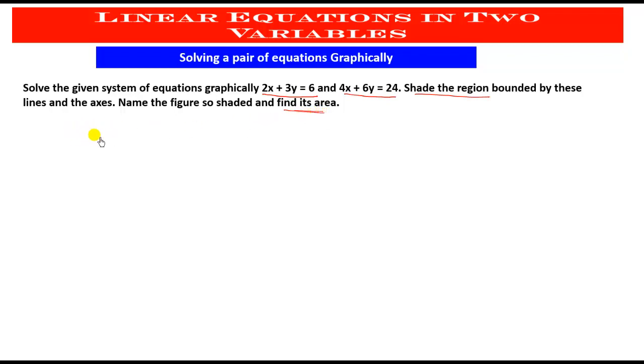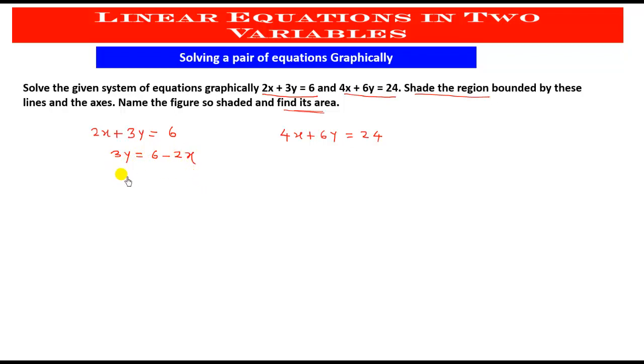Here the two given equations are 2x plus 3y is equal to 6 and the other equation is 4x plus 6y is equal to 24. First we write y in terms of x, and so it will be 3y is equal to 6 minus 2x.